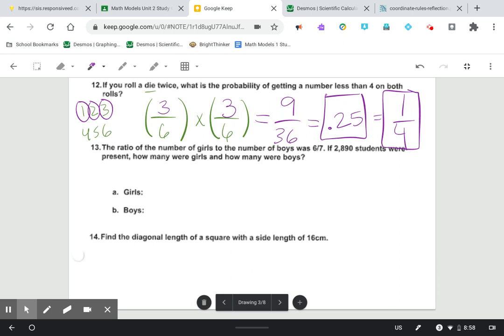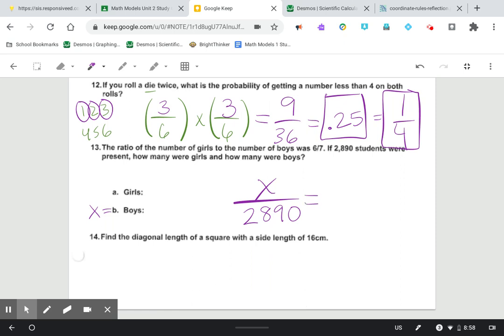All right. Well, we know the total of our proportion on one fraction is 2,890, but we don't know how many boys there were. So x is going to equal the number of boys. We do know that out of the original number, out of the ratio, we had 7 boys, and the total number was 13.